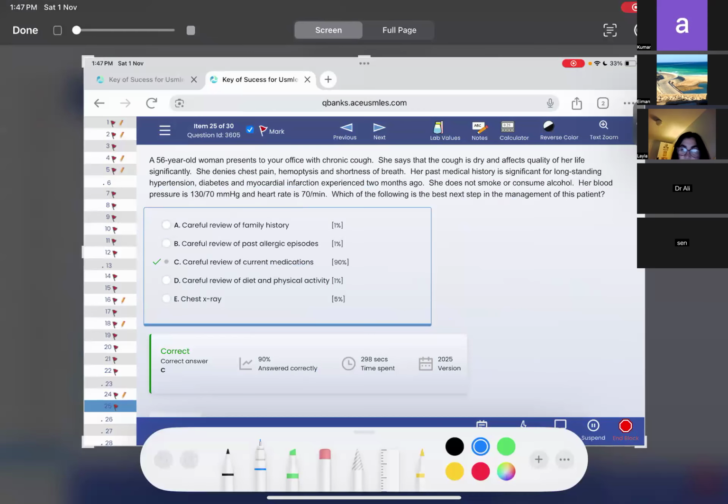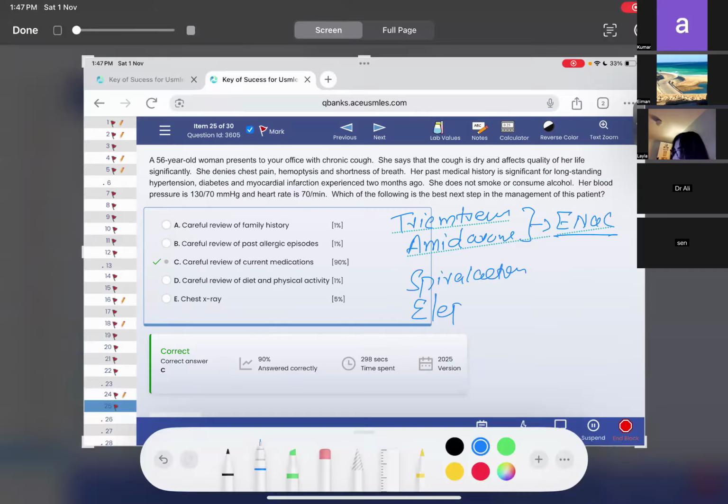Triamterene and amiloride. Both of these act on ENAC and inhibit it. And spironolactone and eplerenone will act on the aldosterone receptor and inhibit it.